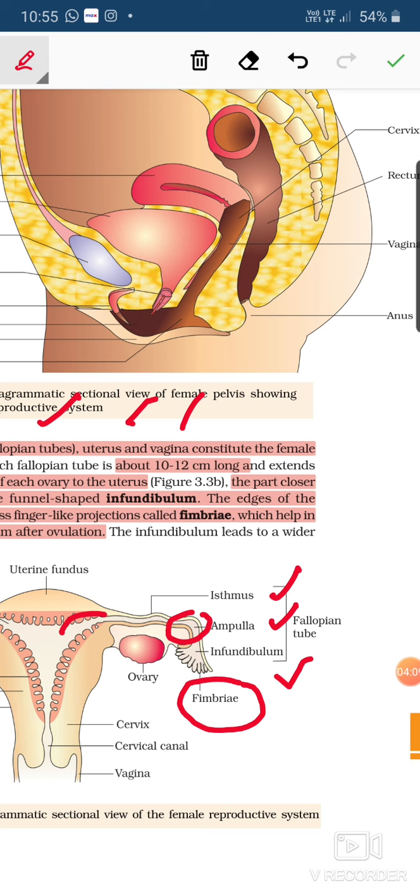One thing to be noted: the fallopian tube is not in direct contact or direct connection with the ovary. The fimbriae collect the ovum and are just in close contact with the ovary, but not directly connected.